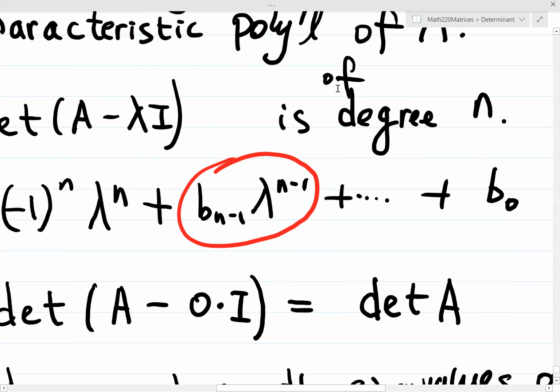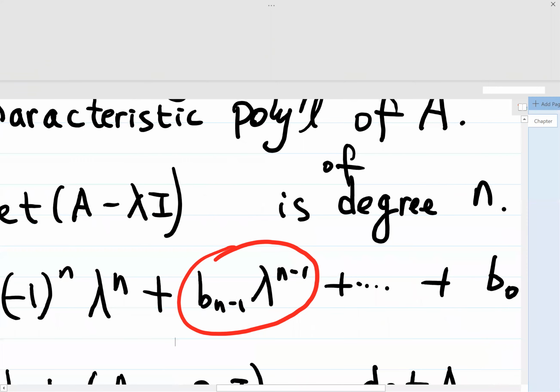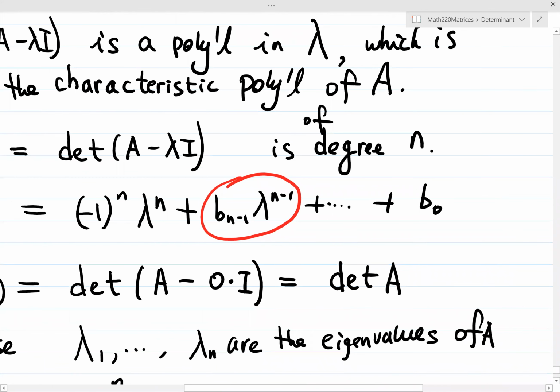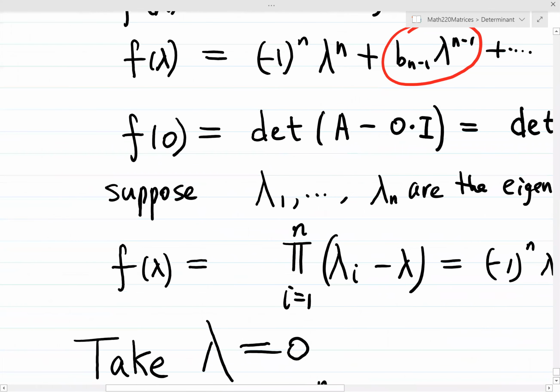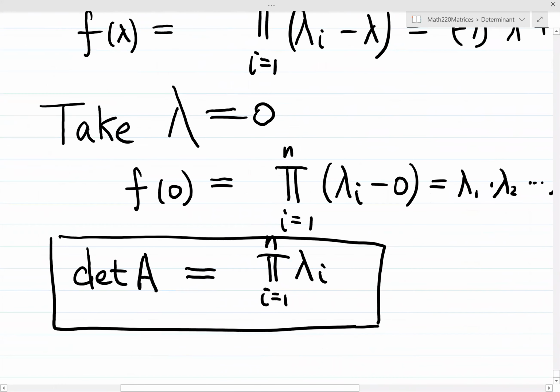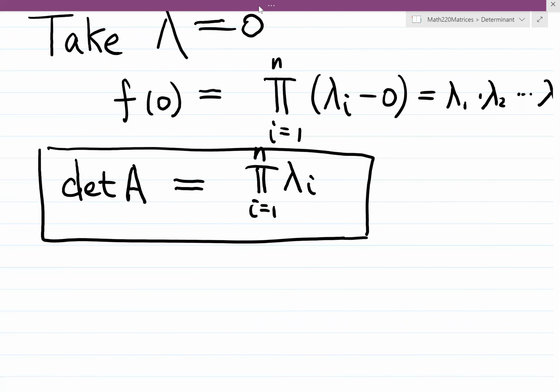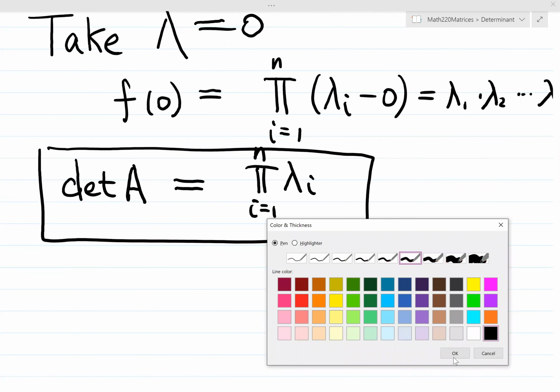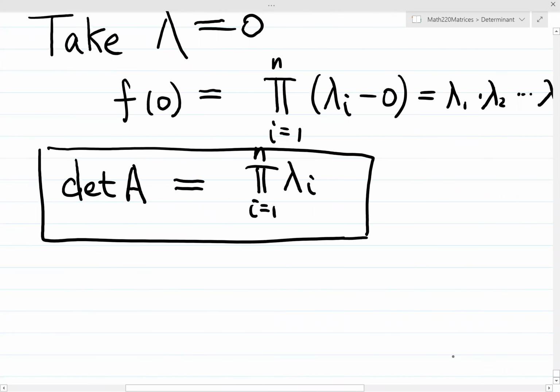Now you can use the definition of the determinant when you expand the determinant. So you can get the next leading coefficient, b(n-1). So what is the next leading coefficient?